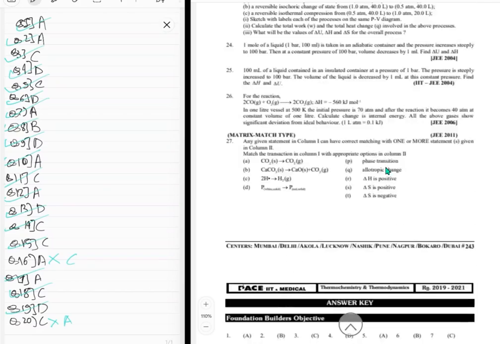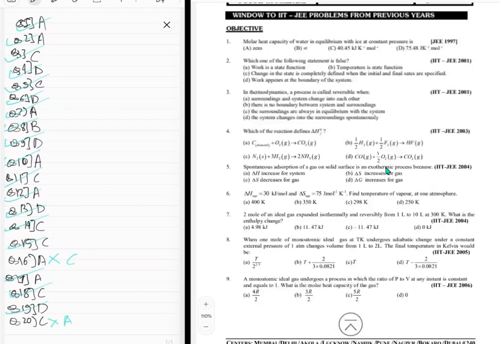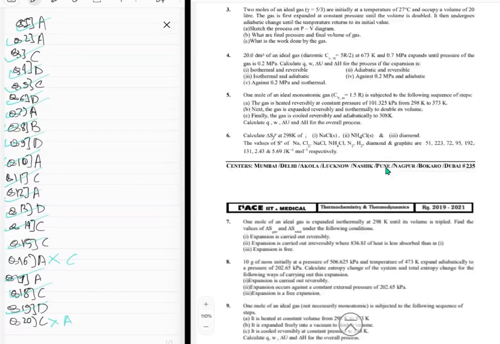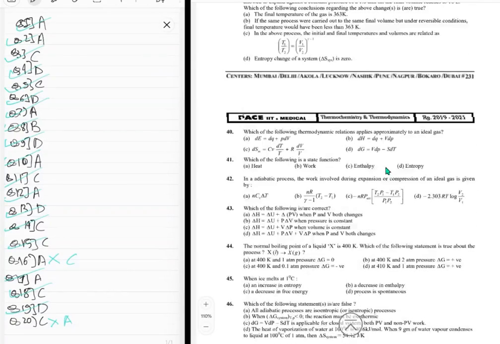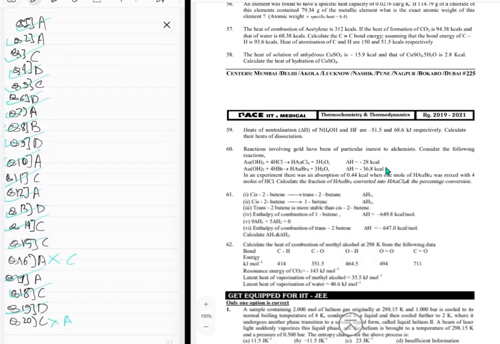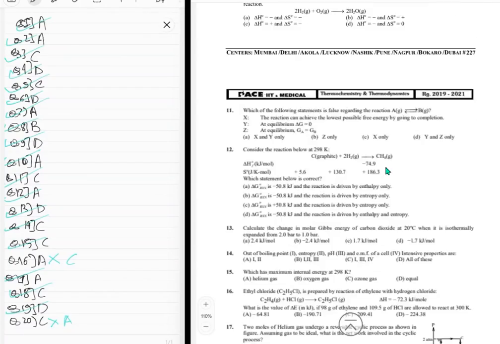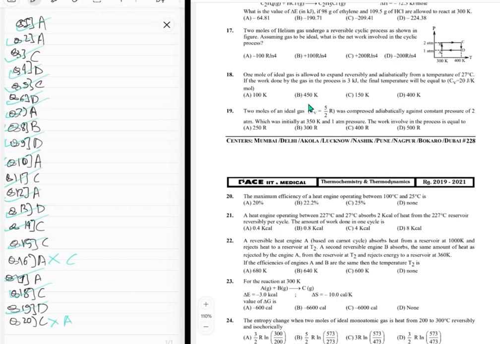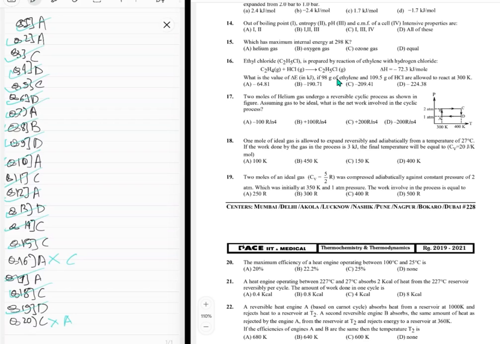Okay, let's see what went wrong. Number 16. Question number 16. So they gave C as the answer. So it's negative 209.4 delta E value. Why? Does it matter how much of these react?